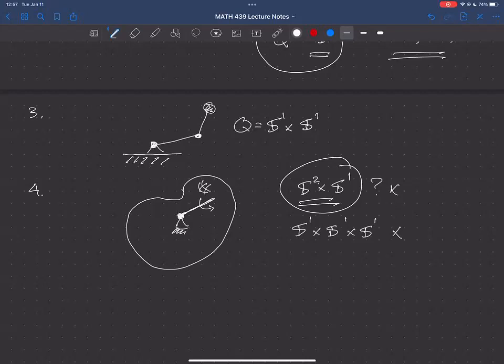This one's not right. Based on what we've done so far, which is very little, the only other three-dimensional thing that we've talked about is S3. Okay, so this is just the three-dimensional sphere in 4 dimensions. So it's just the set of points in R4 of unit length.